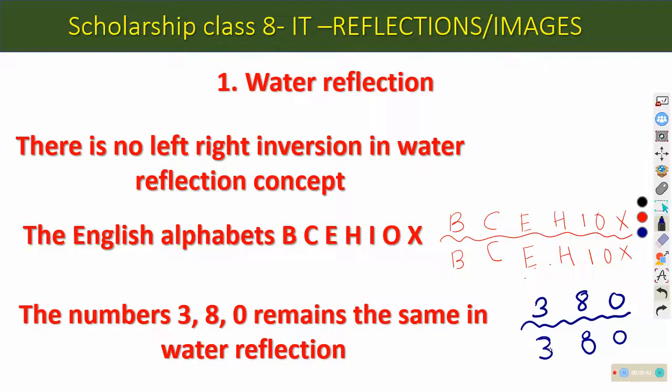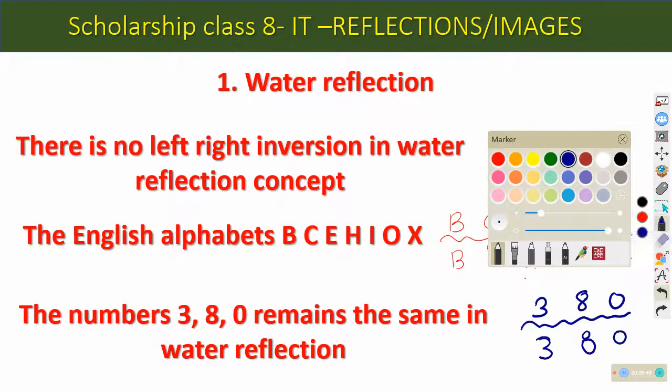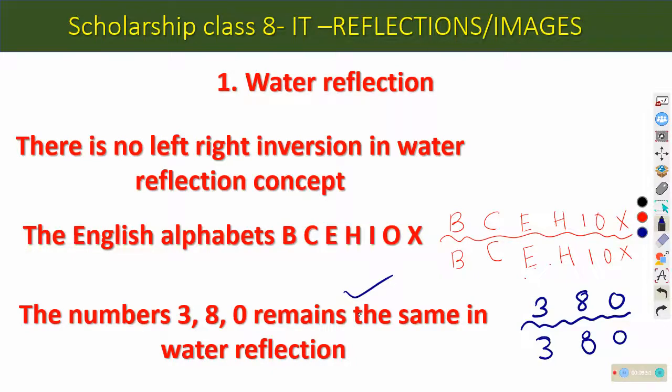So these numbers and alphabets have similar reflection, they remain the same. That is what I want to tell you. So it is not that every reflection will be entirely different from the original. In certain cases you will have a different figure after reflection.